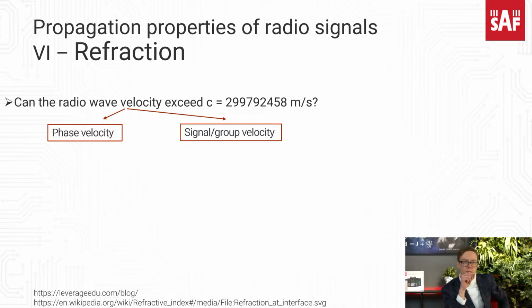That's very mind-blowing, right? But it doesn't contradict any laws of physics, and it doesn't make it supernatural, because we don't transfer any information with this phase. This is the speed of the phase of the signal, not the actual signal, not the group velocity.